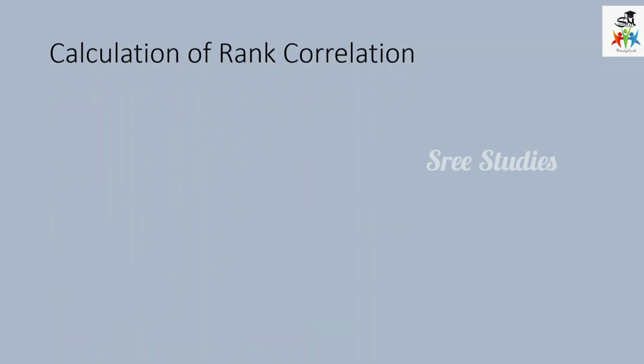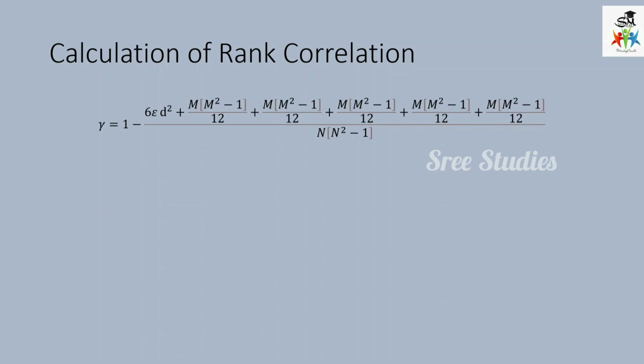So let us have the formula for calculation of rank correlation. So rank correlation R equal to 1 minus 6 sigma d square divided by n into n square minus 1, you know. But here we have to add the value m into m square minus 1 divided by 12 for every rank which has been repeating.